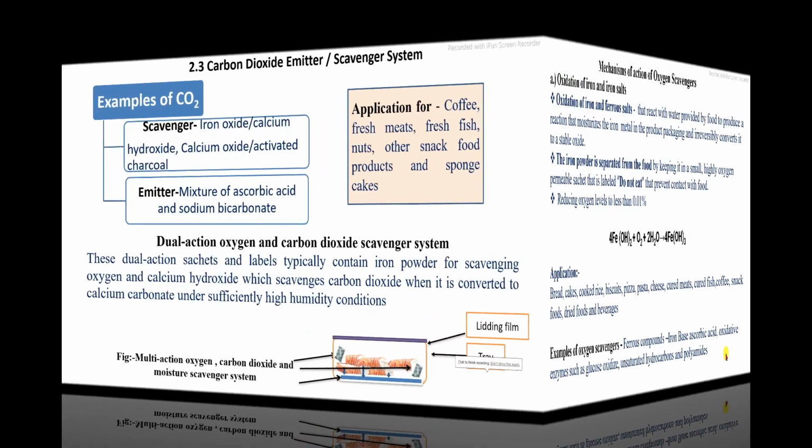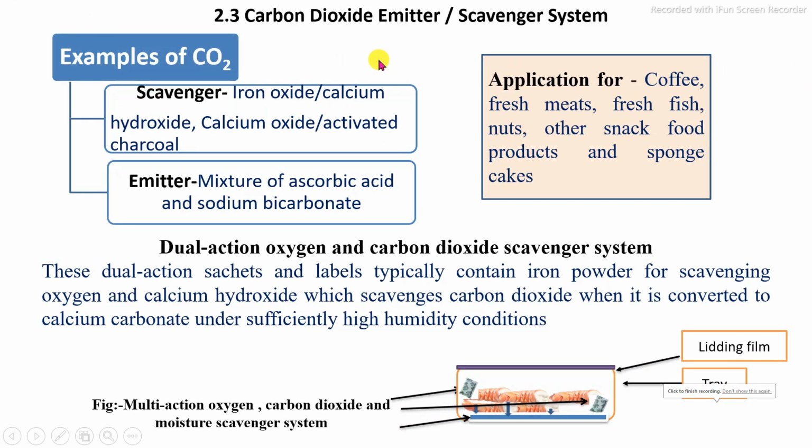The second example of an active packaging system is the carbon dioxide emitter or scavenging system. First are the carbon dioxide scavengers, which absorb the carbon dioxide inside the packed product. The additives involved are iron oxide, calcium hydroxide, calcium oxide or activated charcoal.